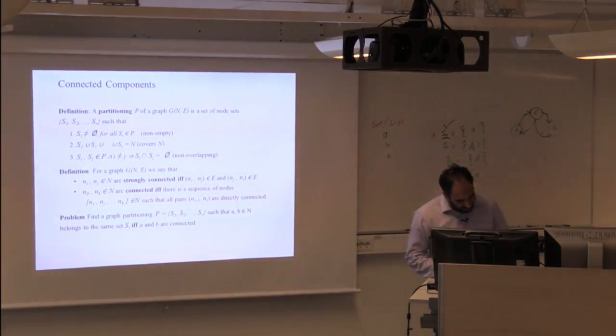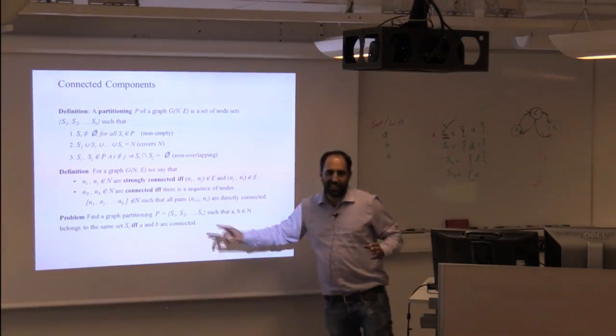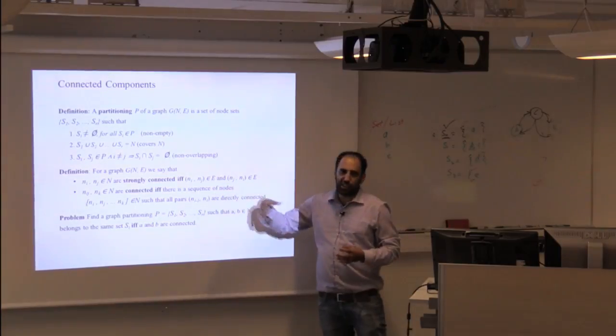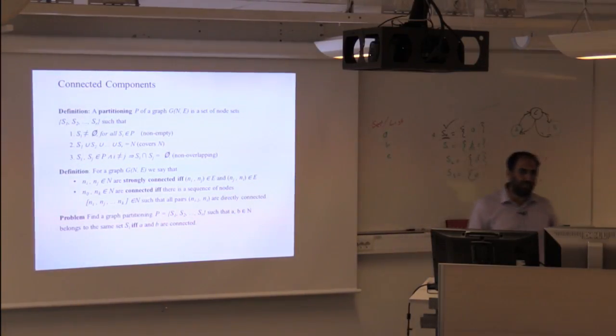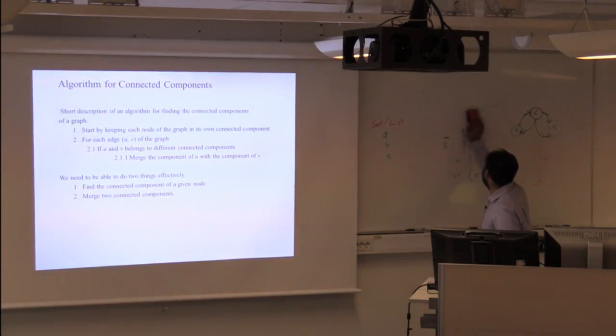Which means the two nodes can be in the same partition only if both are connected. And connected means that there must be a sequence of paths, so they must be reachable via some path. It's not required that they must be strongly connected here. And how could you find out? Here is the algorithm for finding the connected components. And a short description for this is that, for example, let's see.